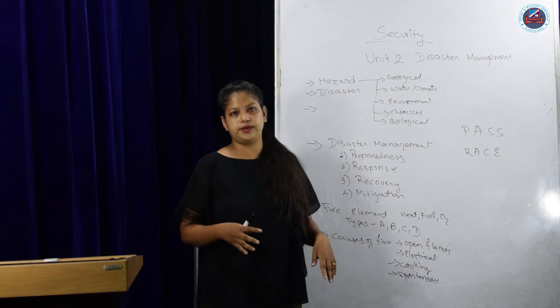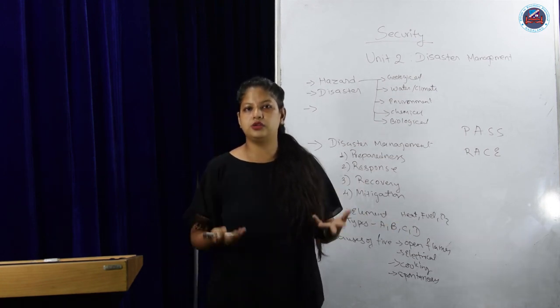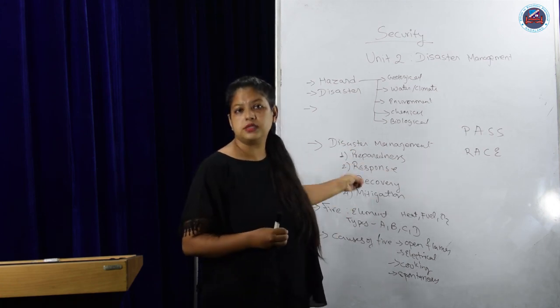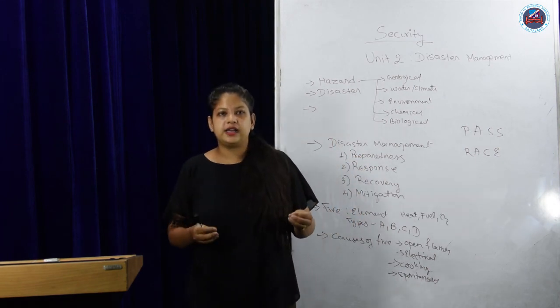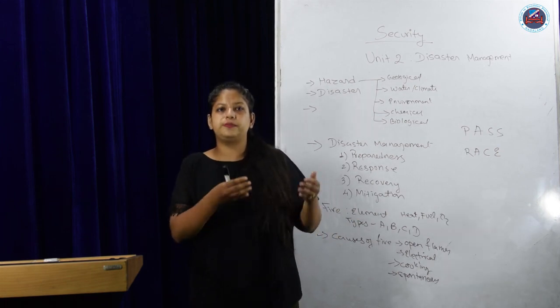Now third is recovery. Now the response has been done. People have died. There will be huge trauma among people. Now how to overcome that? That comes in recovery. For example, if people have died, if there is a loss of property and places, there will be no place for those people to stay.